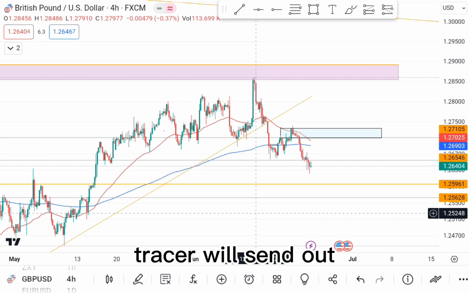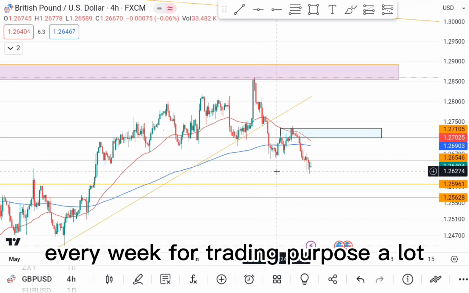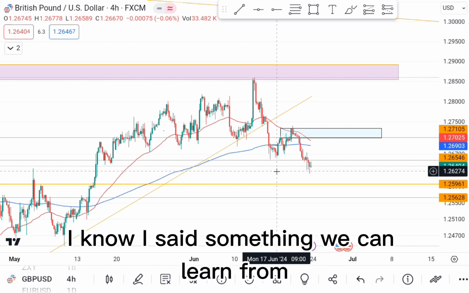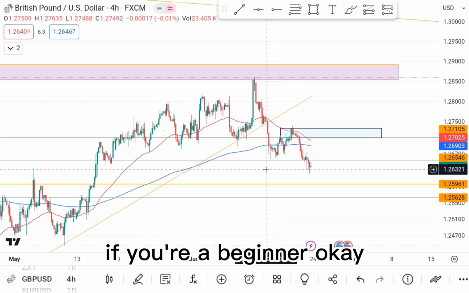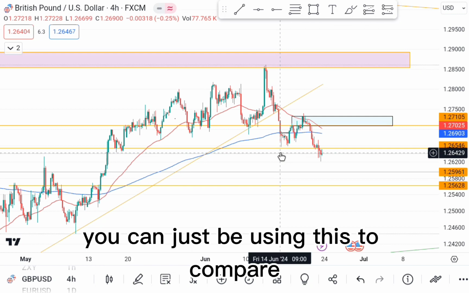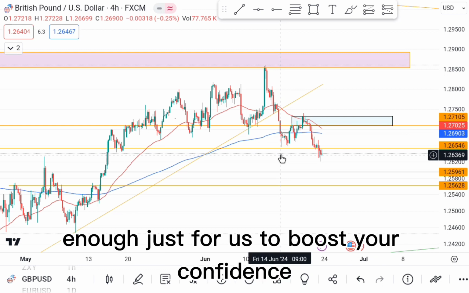I hope that is clear enough, because I don't just want us to be looking at this trade setup we send out every week for trading purposes alone, but we want us to be looking at it as something we can learn from if you are a beginner. But if you are an experienced trader, you can just use this to compare what you are to do this week, just to boost your confidence.